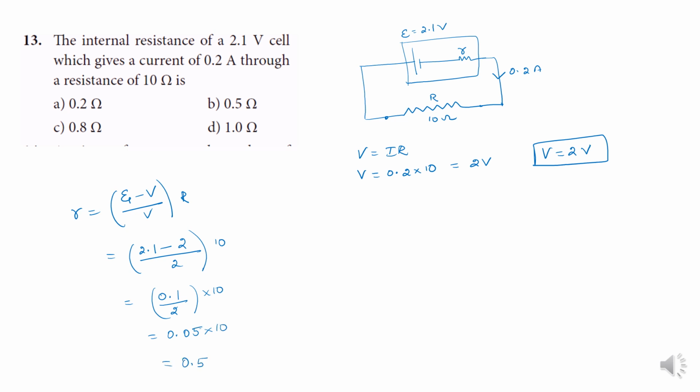What you are calculating is the internal resistance, so this is ohm. Therefore, the internal resistance of the cell is equal to 0.5 ohms.